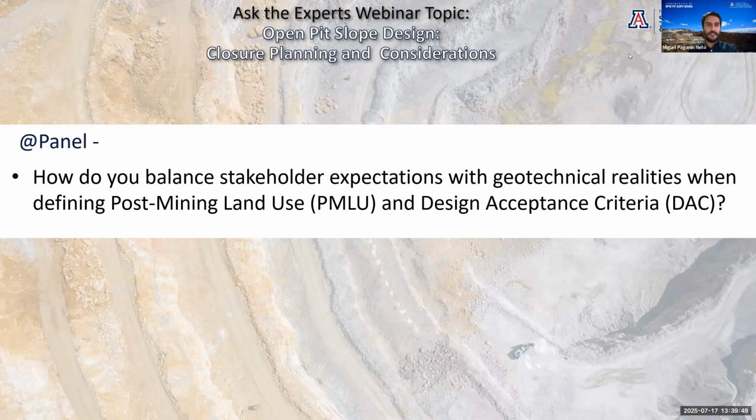And here in Brazil, we have a social perspective, the community and the Brazilian regulation regarding what we are doing for the post-mine land use, and trying to understand our design acceptance criteria, for example, for the pits.